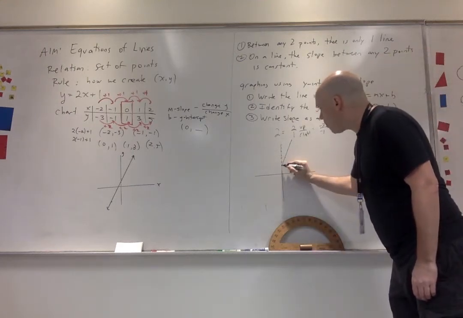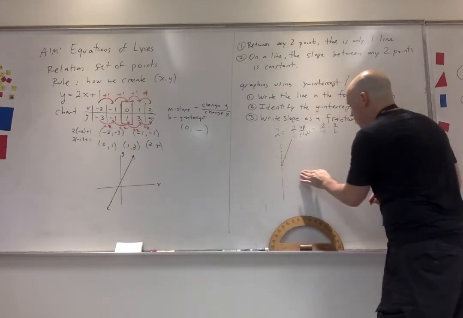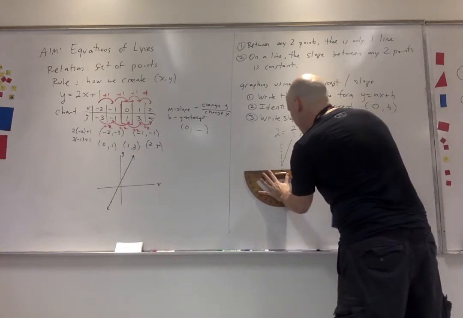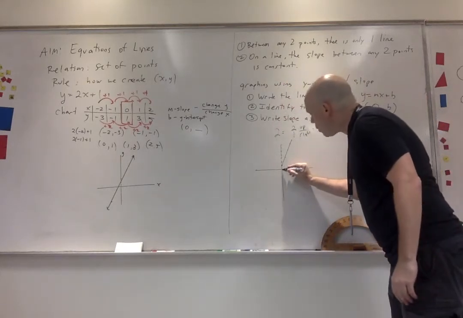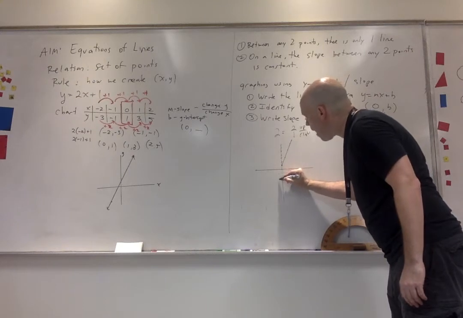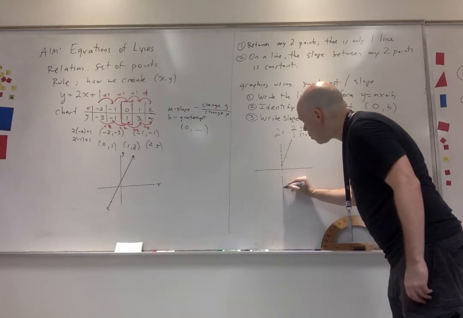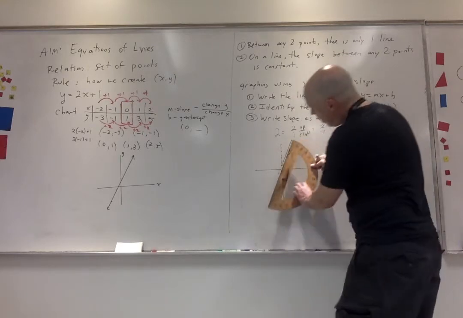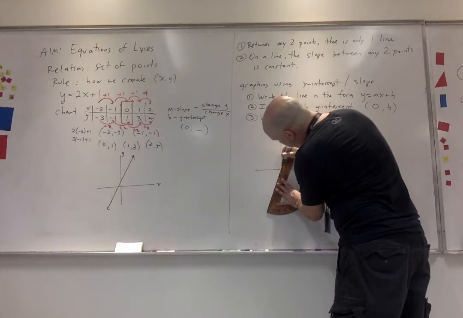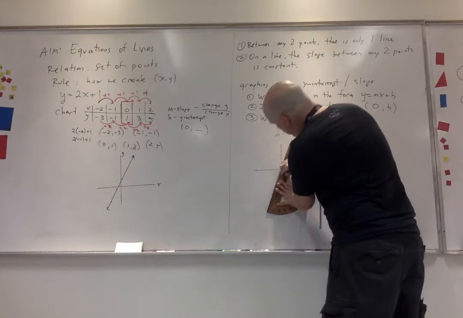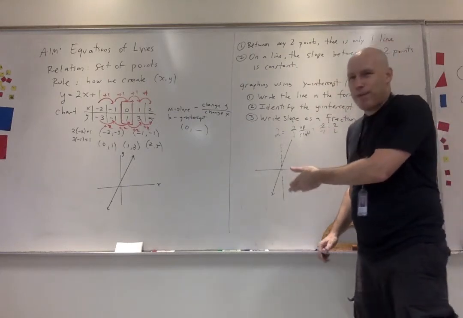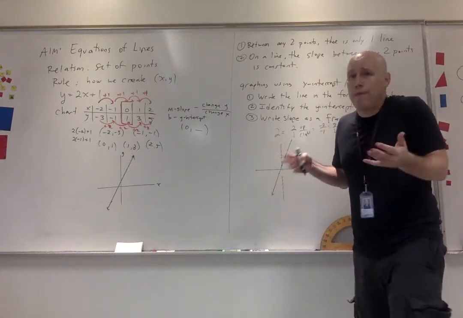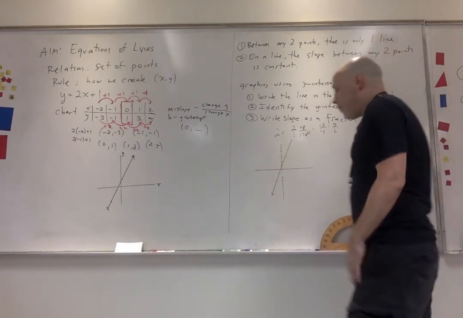So this was down 2, to the left 1, down 2, to the left 1, right? So that's where this came from. I shouldn't be making my own graph here, but anyway, this should be reviewed. You've done this last year. But let's move on.